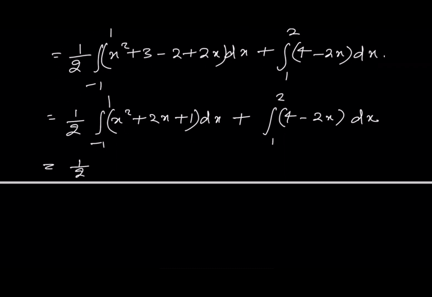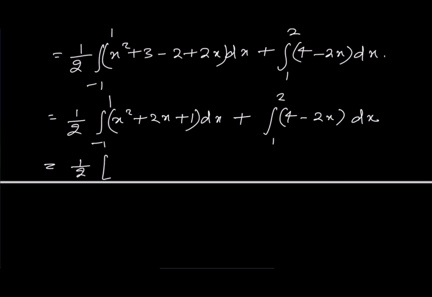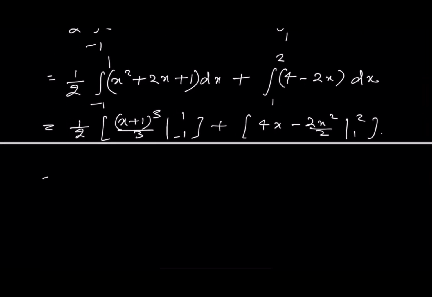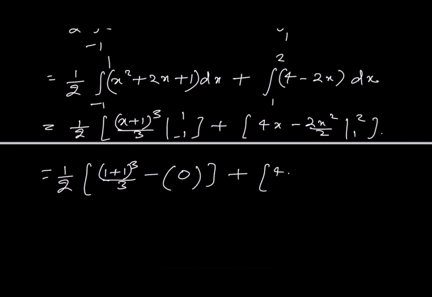Now if I integrate this, it would be (x plus 1) whole cube by 3 within the limit minus 1 to 1, plus 4x minus 2x square by 2 within the limit 1 to 2.